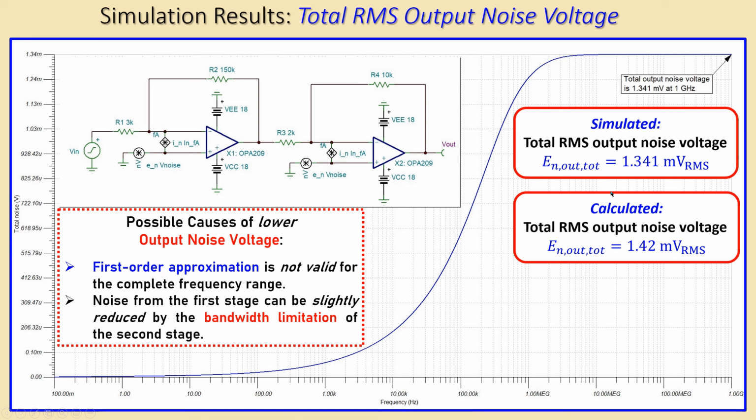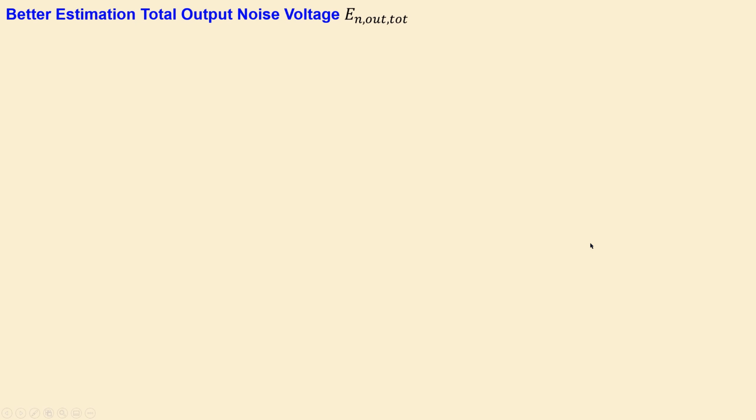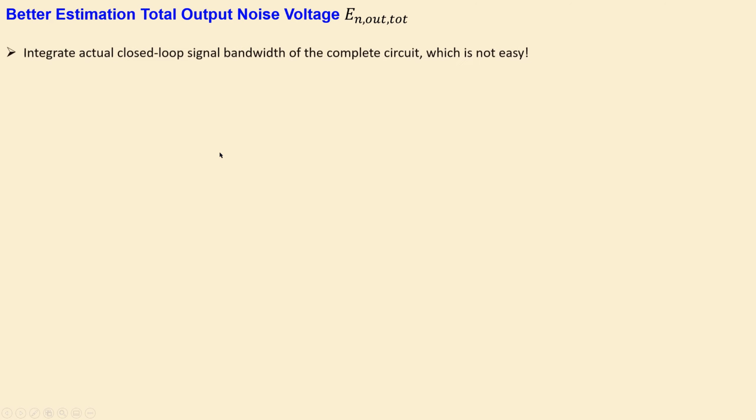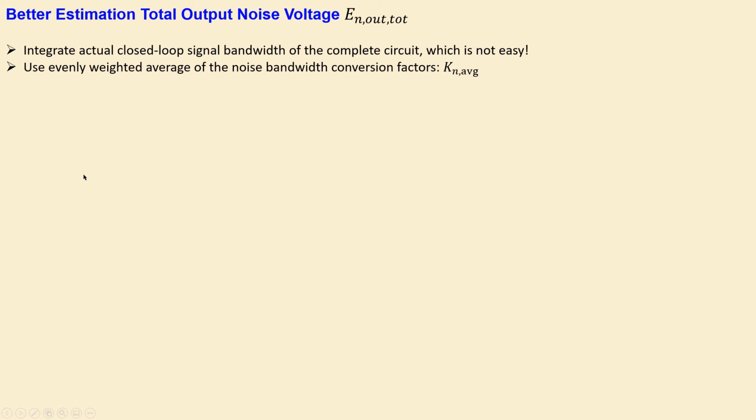So that's what we have, but how can we solve this problem? How can we look at a better estimation? A better estimation of the total output noise voltage can be given by integrating the actual closed-loop signal bandwidth of the complete circuit, which is not an easy task. I won't do that here. But I will use this as a first approximation. I will use an evenly weighted average of the noise bandwidth conversion factors.